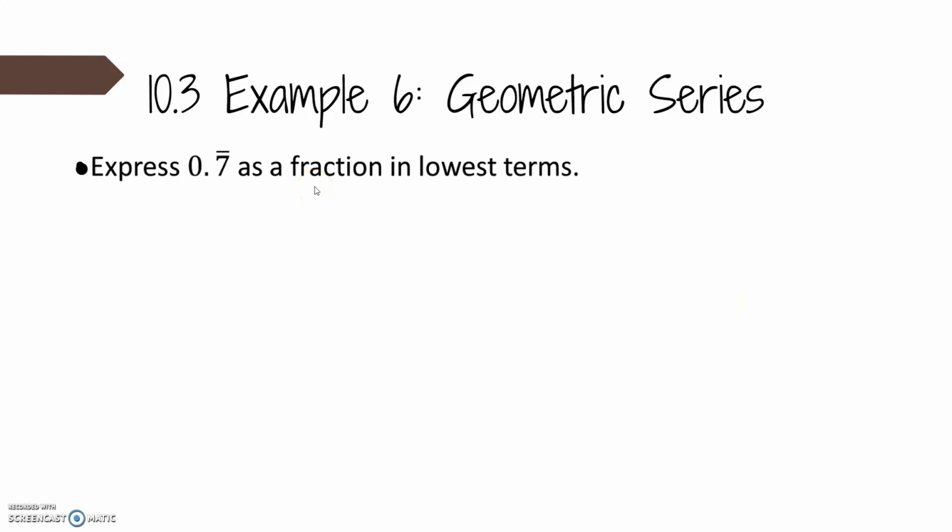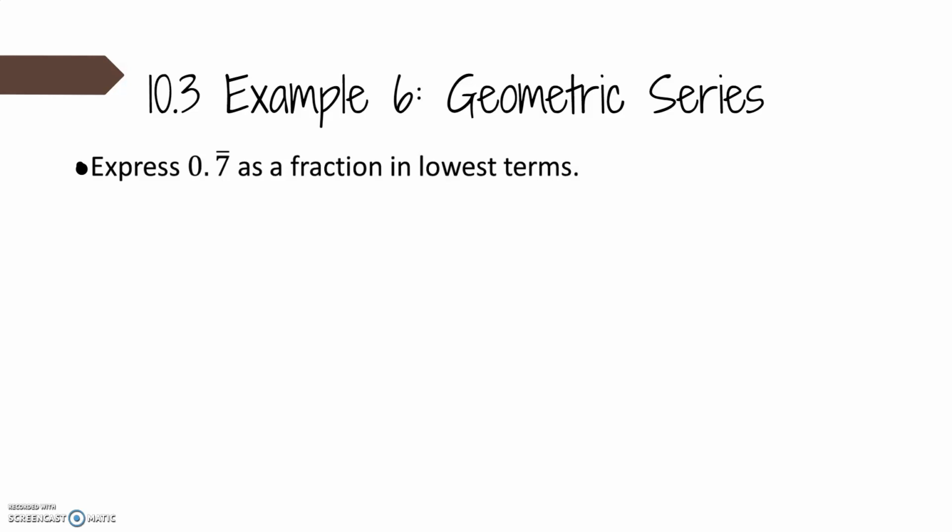A pretty common application of a geometric series and sequence is a repeating decimal. Take 0.7 with a bar above it. You probably already recognize that the bar just means that after that place value, it repeats those digits continuously forever. So it does not terminate; it repeats indefinitely with the 7 in every place value afterwards.